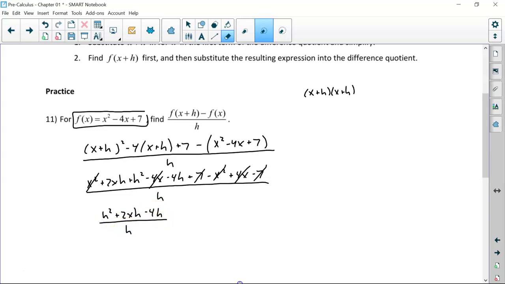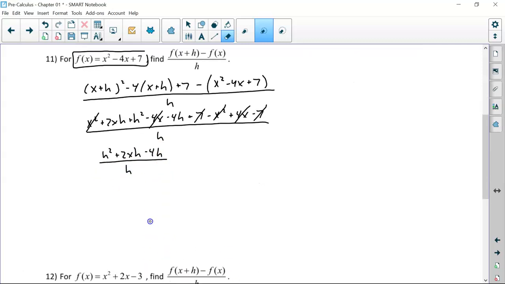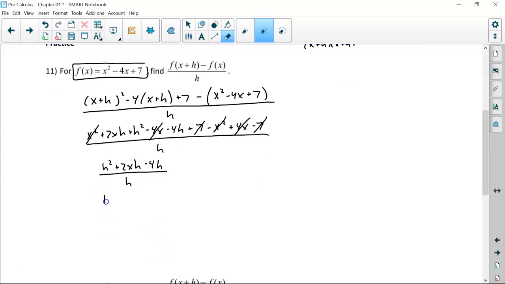And if you look at that numerator, we can factor out an h. So it's h times the quantity of h plus 2x minus 4, all divided by h. Now, the h in the numerator and the h in the denominator cancel out because they are factors. So for that whole difference quotient, all we're left with is h plus 2x minus 4.